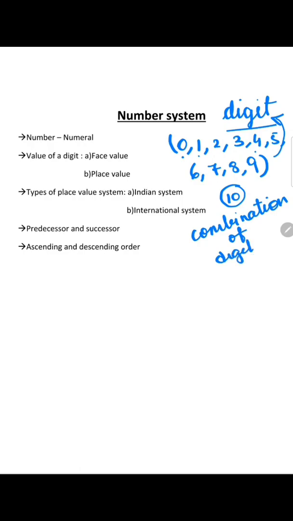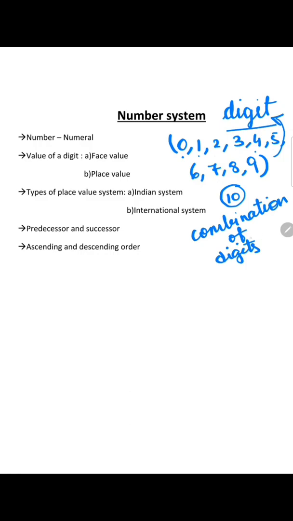What is meant by a digit? Now, let us see what is meant by a number. A number is nothing but a combination of digits. Very simple, right?